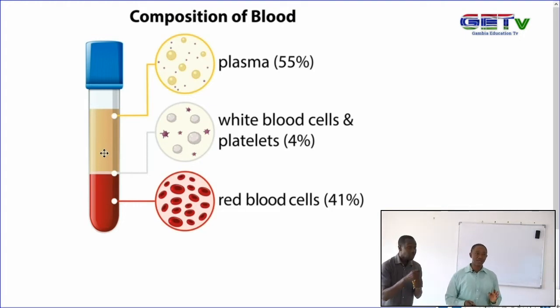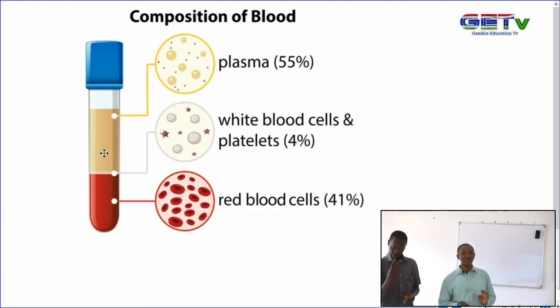And of course, we are supposed to look at the functions. Now, the plasma is where all the substances, the food, the nutrients, the nourishment, the oxygen, the carbon dioxide, everything, even when we take injections and so on, this is where they all get dissolved. So they provide a means of transporting the substances that the cells of the body need.